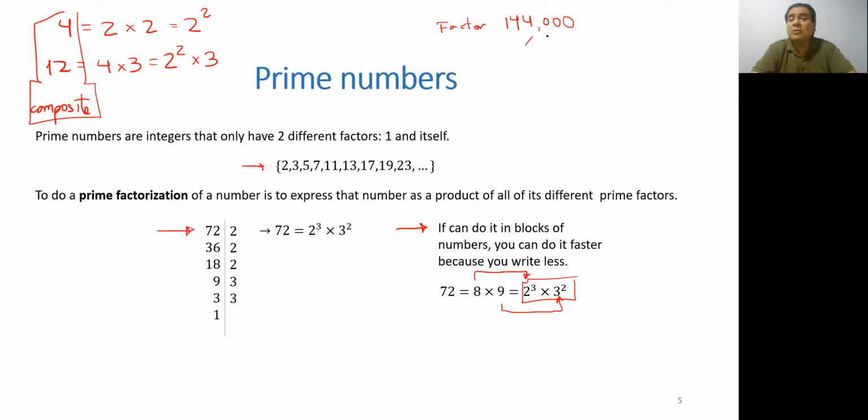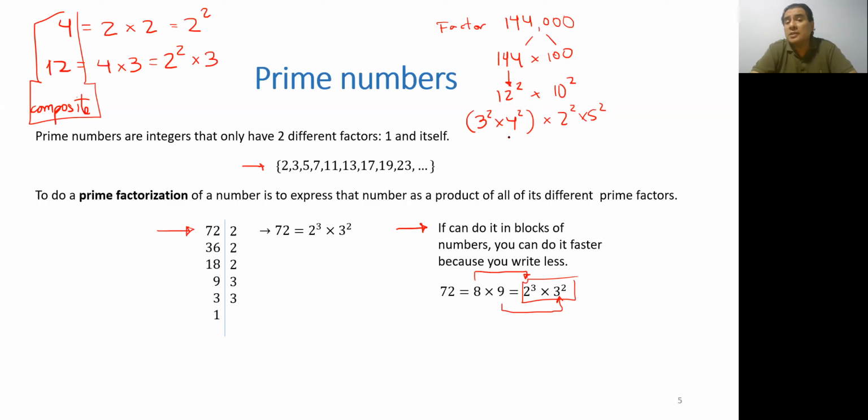144,000, I can split this into 144 times 100. But 144 is the square of 12, and this is the square of 10. Using the properties of powers and exponents, I can say this means 3 squared times 4 squared times 2 squared times 5 squared.